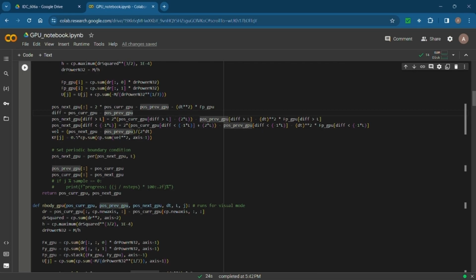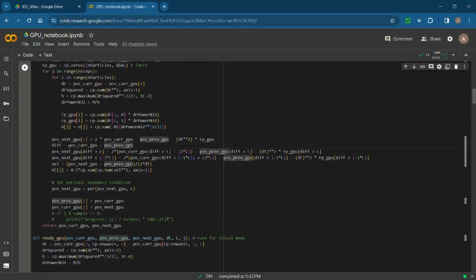Okay, and next, since we are applying periodic boundary conditions here, there's a technicality that arises. For example, if a particle goes out of the left boundary, it will appear from the left side.